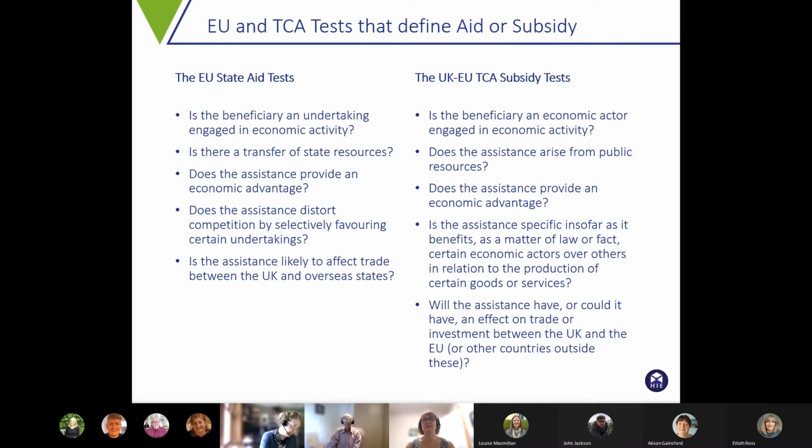So the third one is exactly the same. Is the assistance going to provide an economic advantage? Is it going to give the beneficiary something that they wouldn't normally receive for free in the normal course of events? We usually treat a cash grant as obviously a financial advantage.